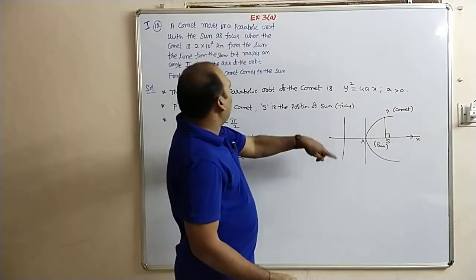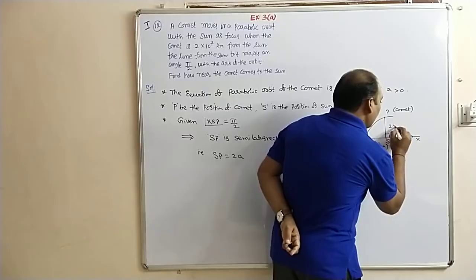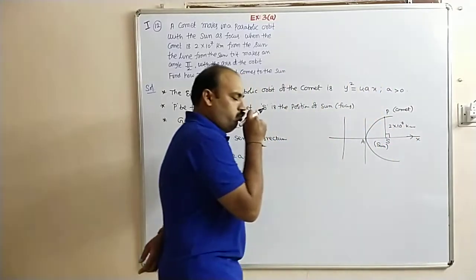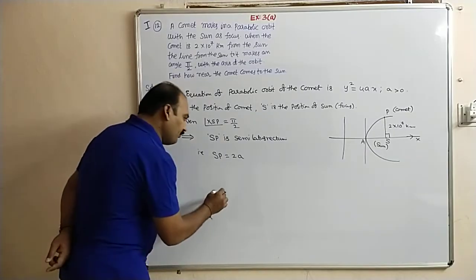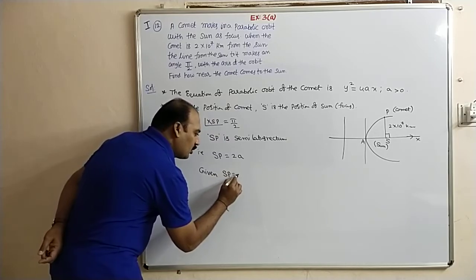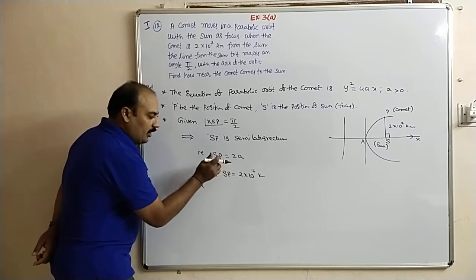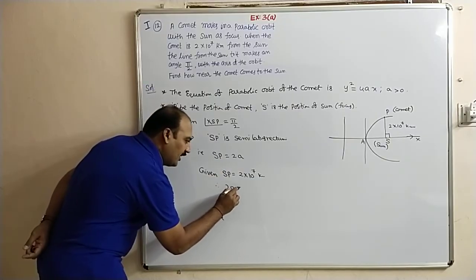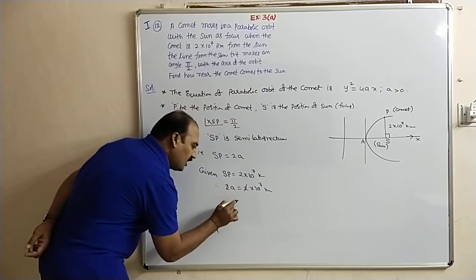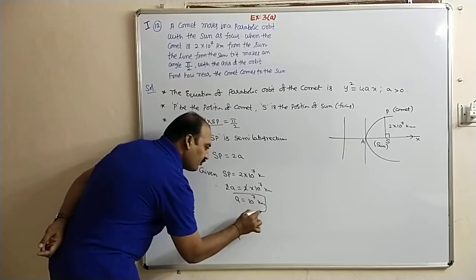And also the comet is at a distance of 2 into 10 power 7 kilometers. So now given SP is equal to 2 into 10 power 7 kilometers. Both you have to equate. You will get 2a is equal to 2 into 10 power 7 kilometers. So 2 gets cancelled. a equal to 10 power 7 kilometers.